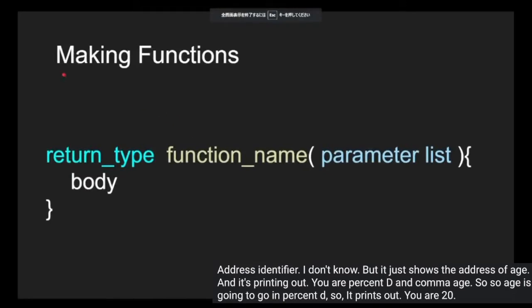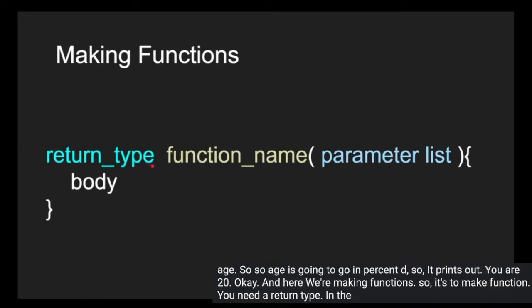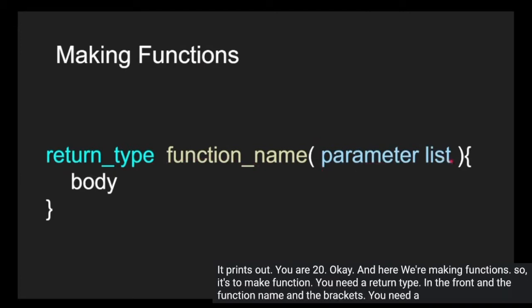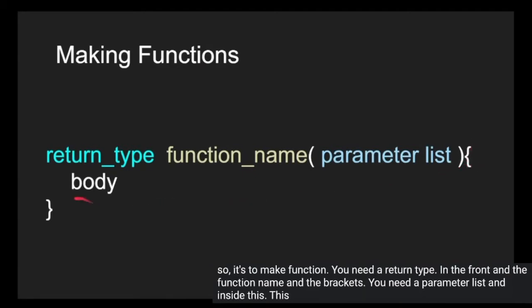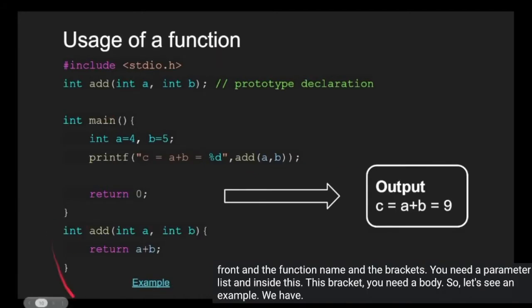Okay, and here we're making functions. To make a function, you need a return type in the front, and a function name. In the brackets, you need a parameter list, and inside this bracket, you need a body. Let's see an example. We have an add function and a main function here.